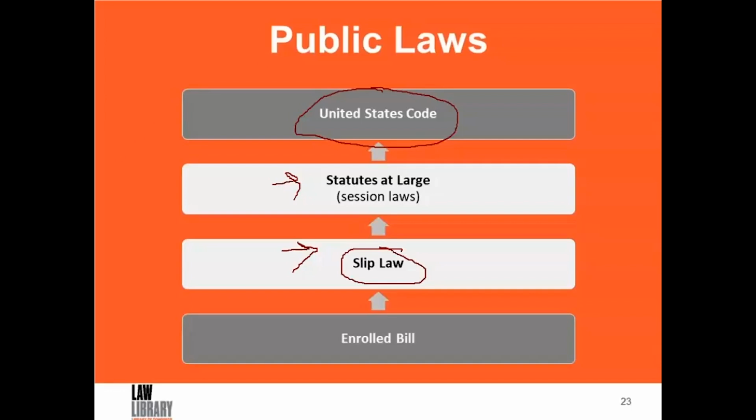So we're going to spend most of the lecture discussing what happens to these slip laws at the end of a session of Congress, which is that they get bound in one big hardback volume called the Statutes at Large. But to understand the Statutes at Large, it is helpful to know that theoretically, all these individual laws, Public Law 117-1, Public Law 117-2, are printed individually as a slip law at some point.